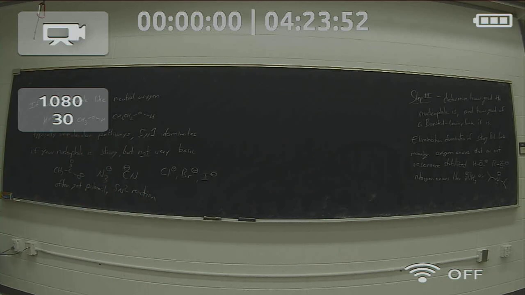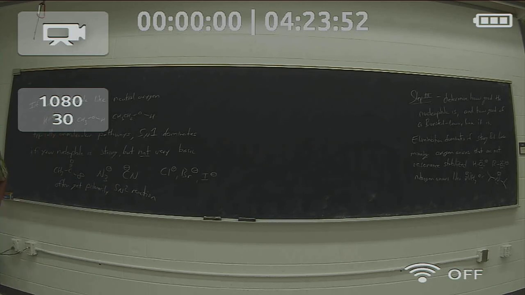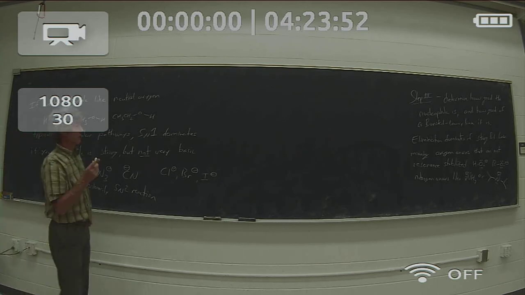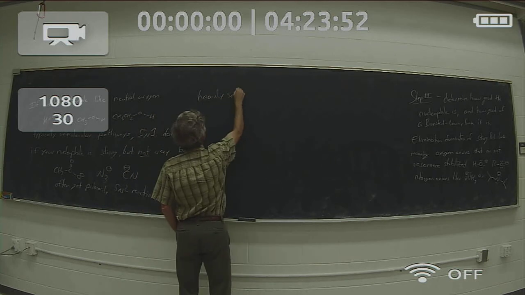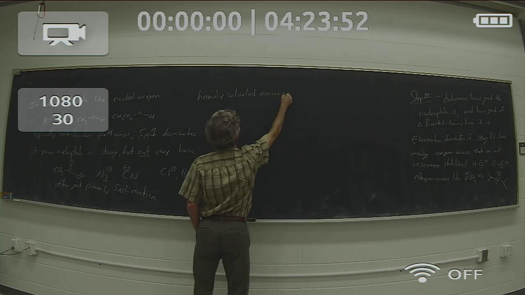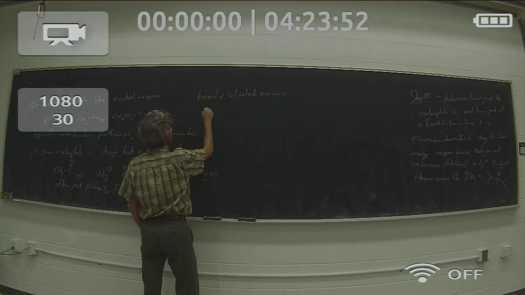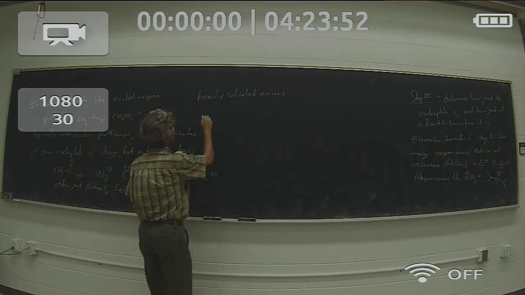The exception being, of course, if you have a hard base like cyanide or azide or fluoride, for example, that's in a protic solvent. Right? If you have heavily solvated anions, then you're likely to not get an SN2 reaction.